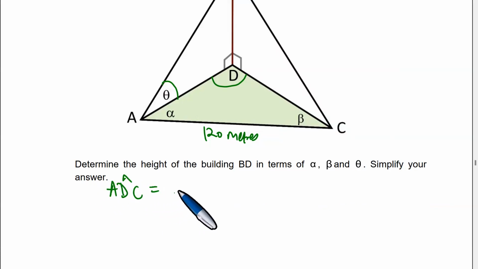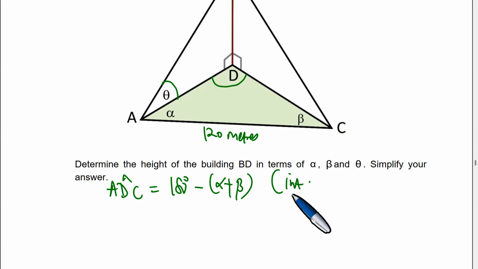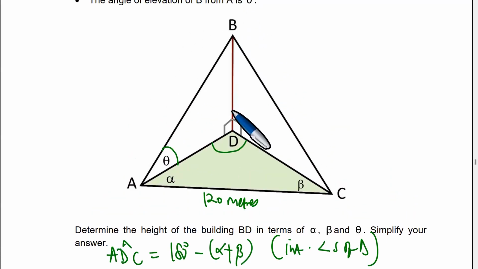In triangle ADC it is 180 degrees minus alpha plus beta, the interior angles of a triangle. So we know this angle ADC already, and what we want to get is BD.